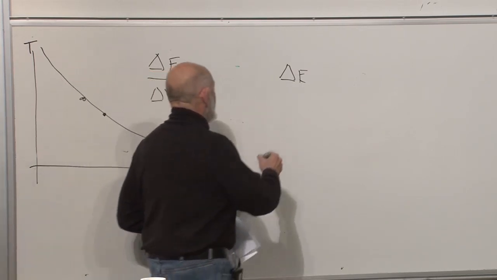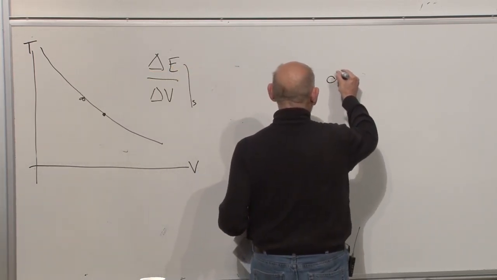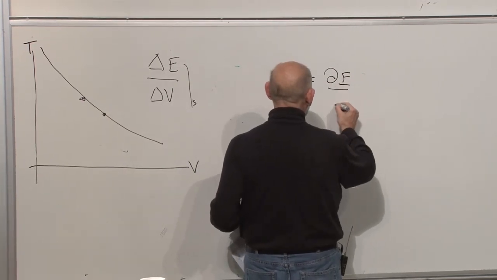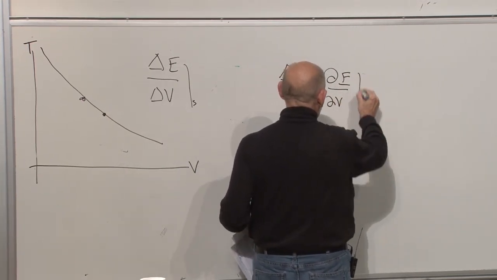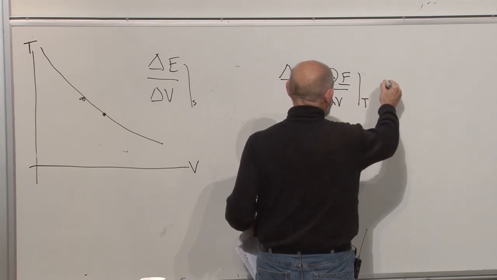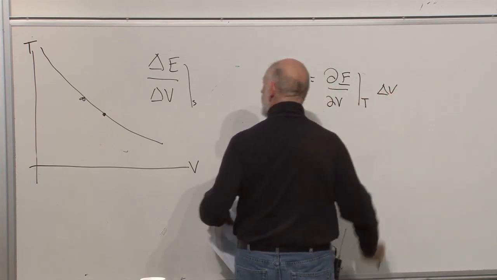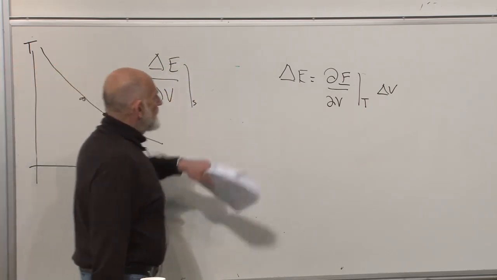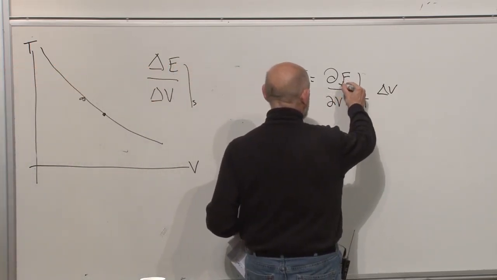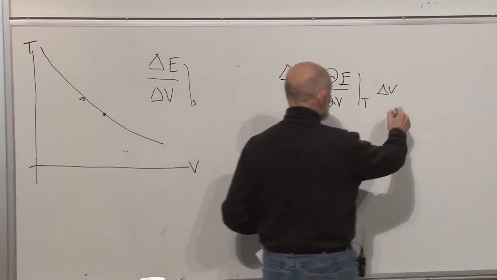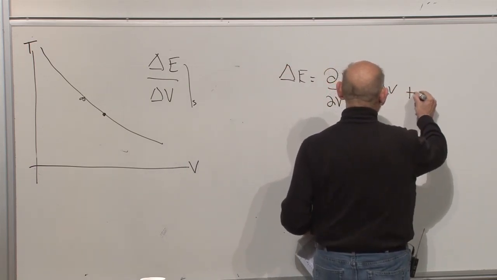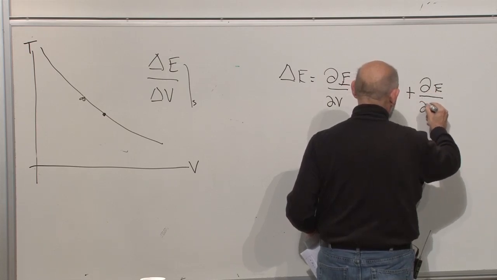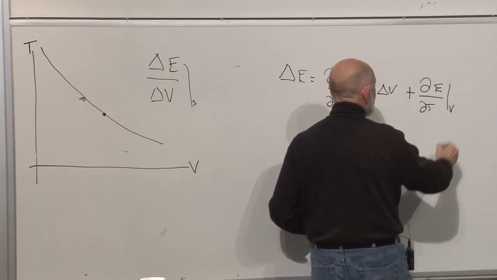So delta E is the partial of E with respect to volume at fixed temperature times the change in volume. And moving from any point to any other point, it's the rate of change of E with respect to V at fixed temperature times dV, plus dE by dT at fixed V times delta T.